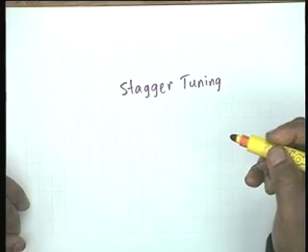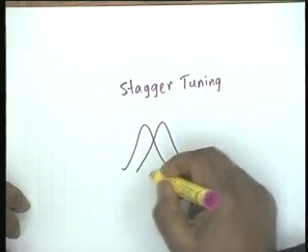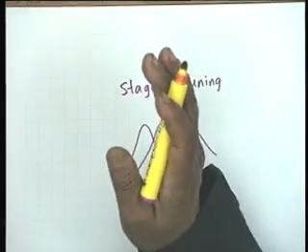That is, the tuning of the individual circuits is staggered. The resonance frequencies are staggered: omega 1, omega 2, omega 3, and so on. They are staggered one after another. This is called staggering, but close to each other.